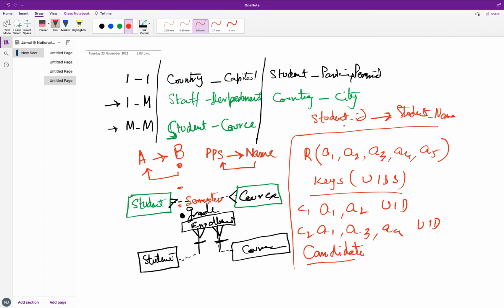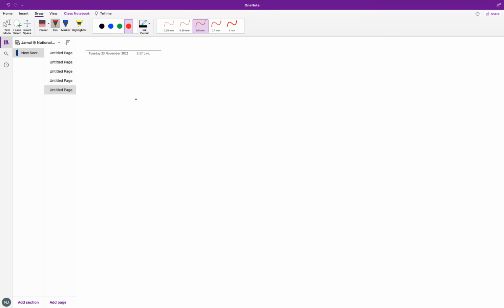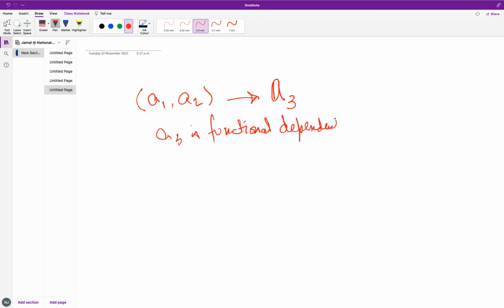And then we discussed that this functional dependency could be partial, or fully dependent. For example, it is possible that attribute 1 and attribute 2 are a UID, and they define another attribute, let's say A3. So I will say A3 is functionally dependent on A1 and A2.